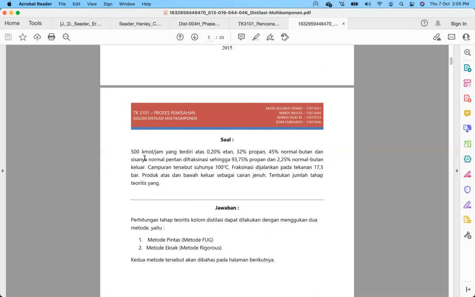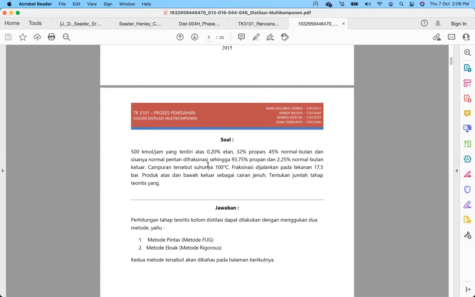You know the feed, right? And this is the composition. And then we know the information that 93.75% goes into the distillate, this one.